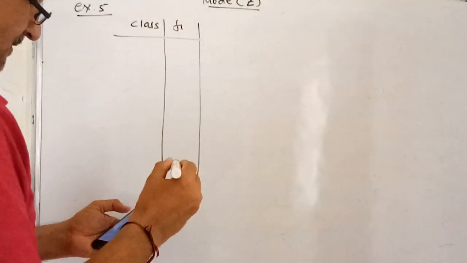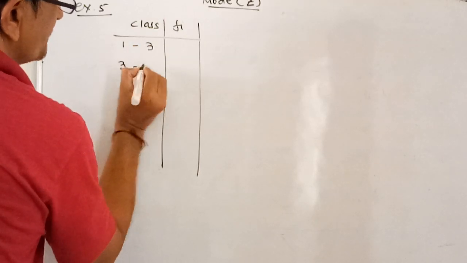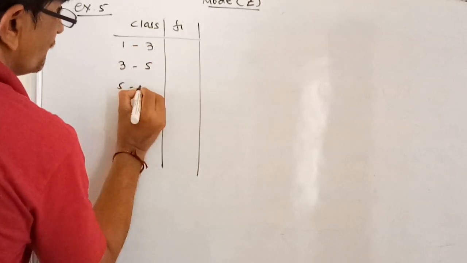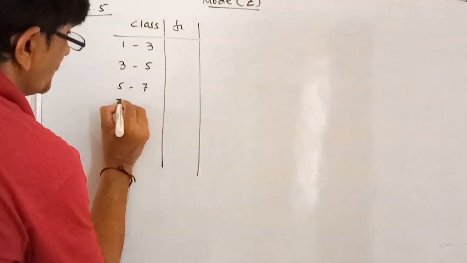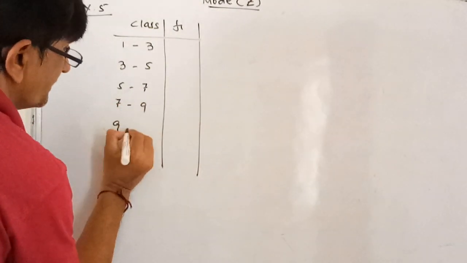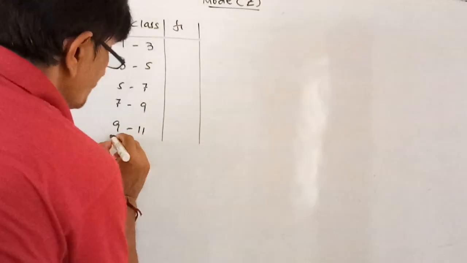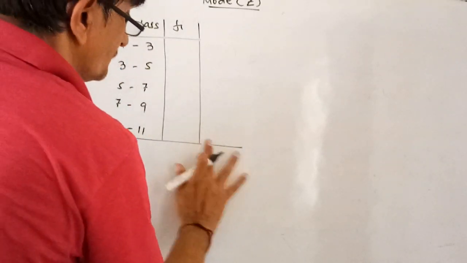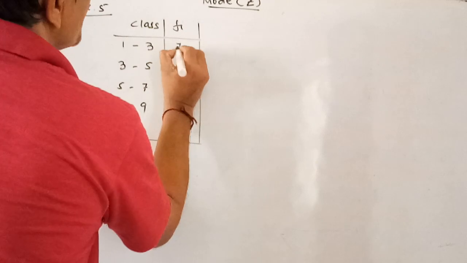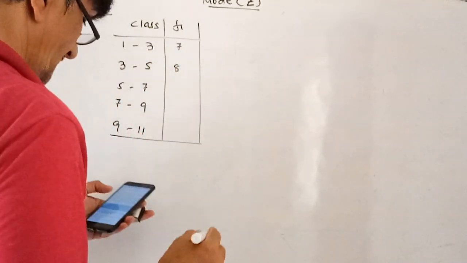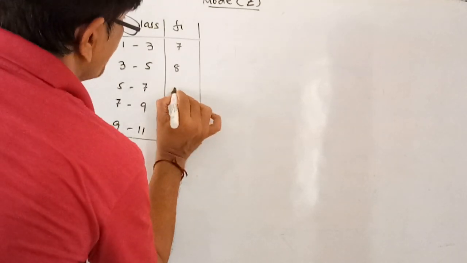So classes are given 1 to 3, 3 to 5, 5 to 7, 7 to 9 and 9 to 11. Frequencies are 7, 8, 2, 1.